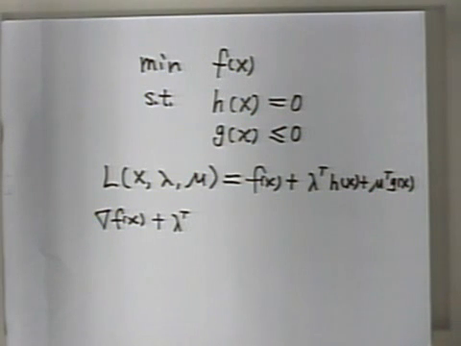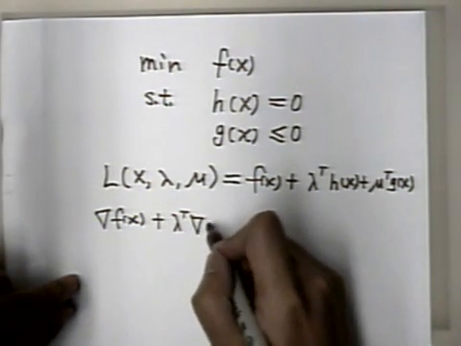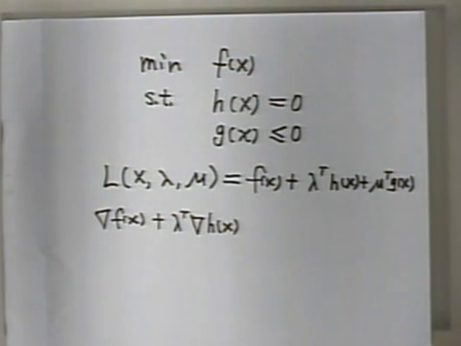In this case, it's not really a good way to write a gradient direction, because if I write, for instance, this gradient with respect to h of x, some of you may get confused about this notation, because in general, gradient is only with respect to a scalar objective function.